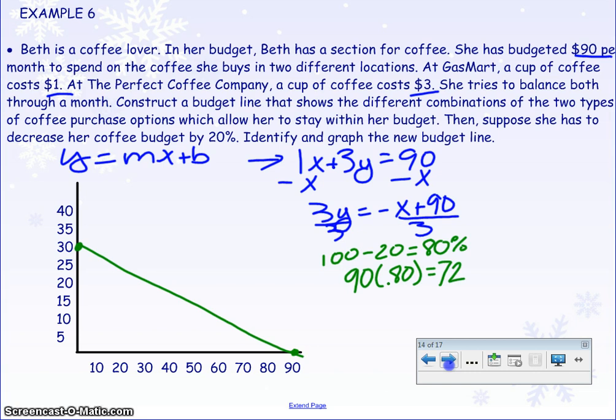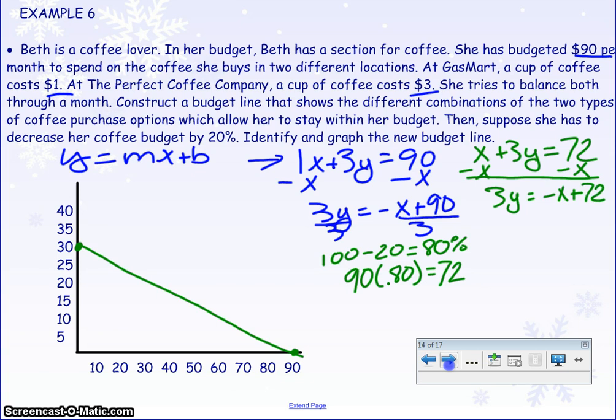So my equation is now x for the GasMart plus 3y, which is Perfect Coffee Company, equals $72. I'm going to follow the same process I did before. I get 3y equals negative x plus 72.